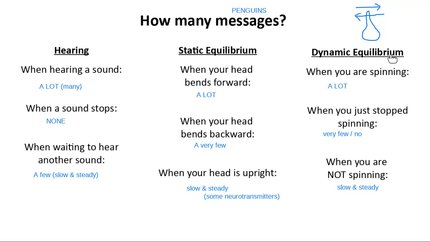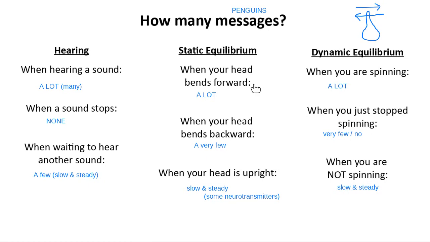So with dynamic equilibrium, I want you to know that when you spin, that's pushing the cupula in the direction that opens up those mechanically gated channels. And I want you to know that when you stop spinning, that moves the cupula in the direction that pushes those channels closed. That's why very few or no neurotransmitters are coming out.